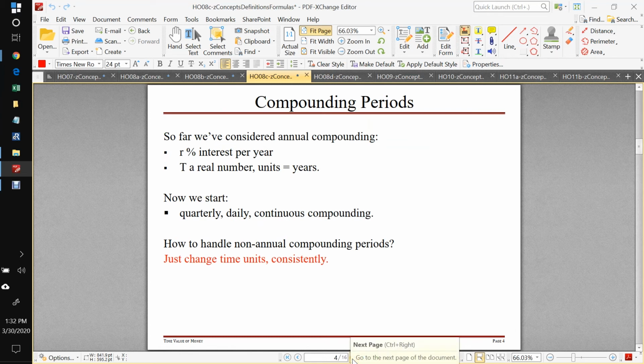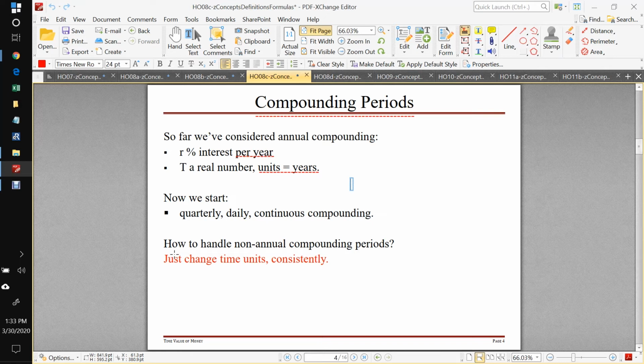Then the heart of 8C was really all about compounding periods. Everything up to 8C was done in annual compounding with r% interest per year, and t was a real number with the units, importantly, in years. So we had our consistent units, r compounding per year and t measured in years.